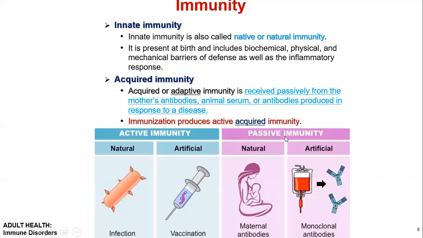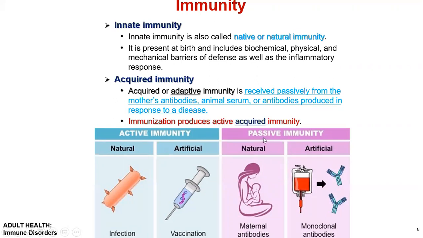And a passive natural example is the baby getting immunity from the mother, maternal antibodies. So antibodies are passed from mother to her baby through the placenta or breastfeeding. This is the example of passive natural immunity.